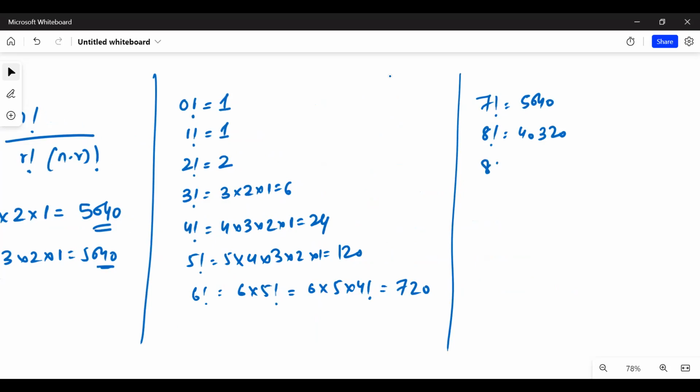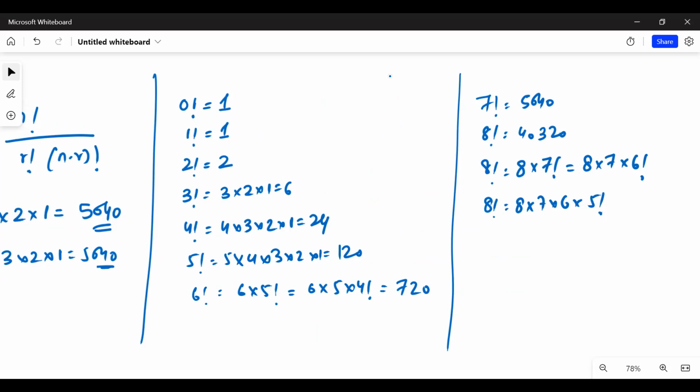What is 8 factorial? 8 factorial is 8 into 7 factorial. Are you getting it, everyone? 8 factorial is 8 into 7 into 6 factorial. 8 factorial is 8 into 7 into 6 into 5 factorial. Everyone, are you getting this?